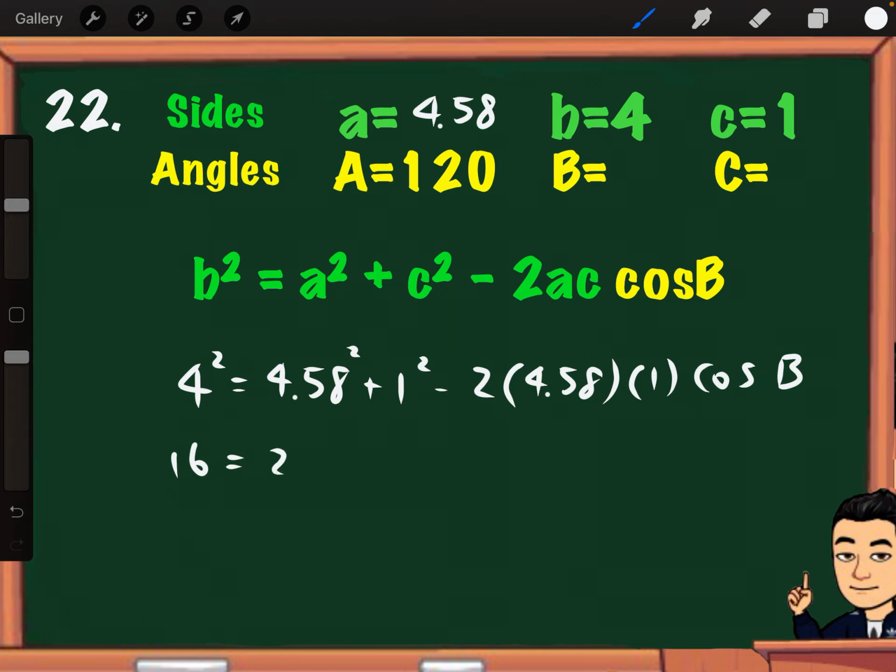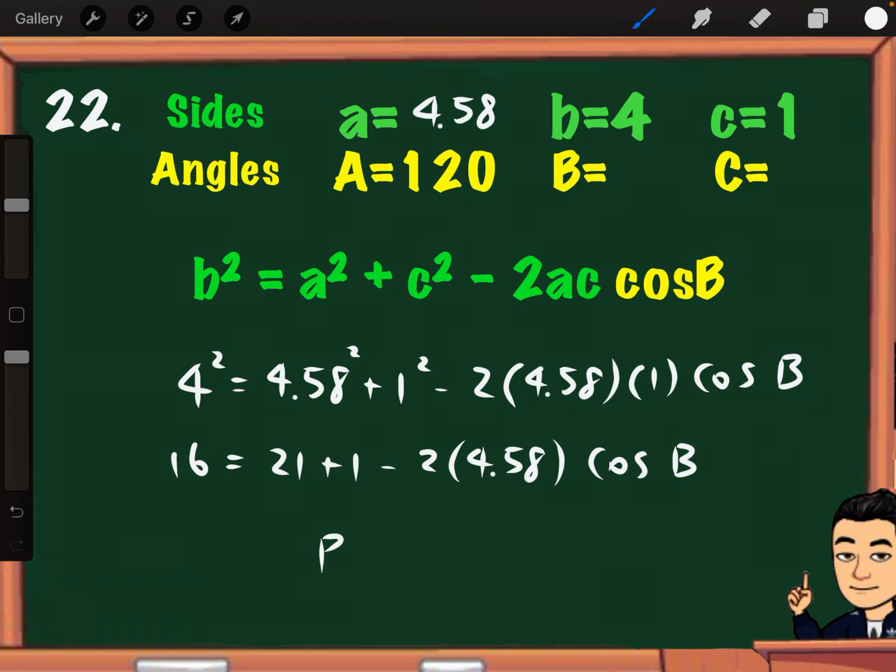You got 16 equals roughly 21 plus 1 minus 2AC. You're going to go ahead and multiply that. And then cosine, you're going to put angle B. This is what we're trying to solve.